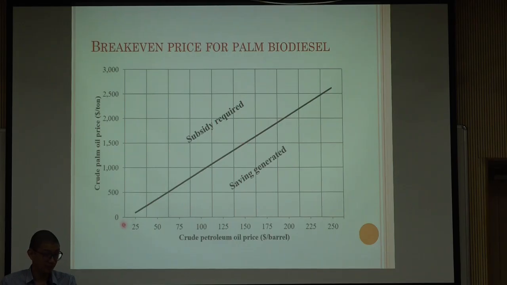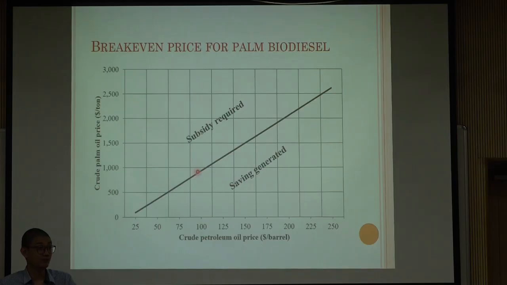Then this is like I already showed you yesterday. If the crude oil price is a certain price, then you see. If we assume everything is still the same, with the crude oil price at nearly 100, and the palm oil price around 1,000 per ton, you see it is almost break even.